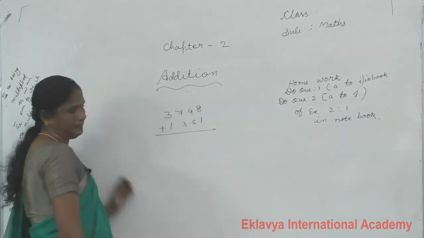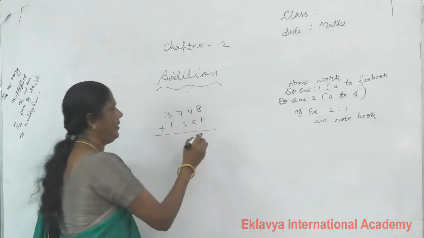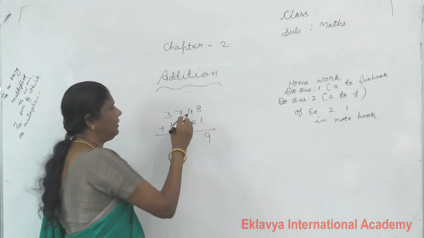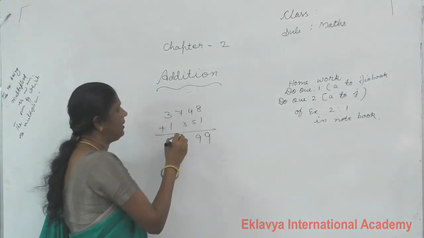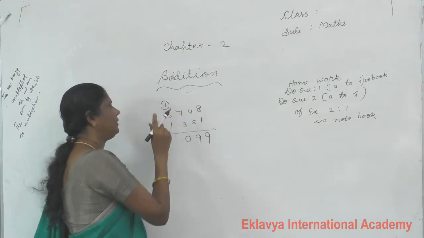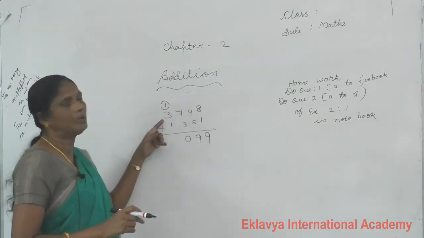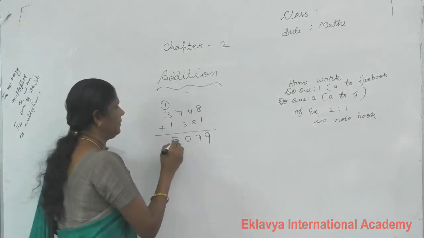Here we add: 8 plus 1 is 9, then 4 plus 5 is 9, 7 plus 3 is 10. You write 0, carrying 1, then 1 plus 3 is 4, 4 plus 1 is 5.